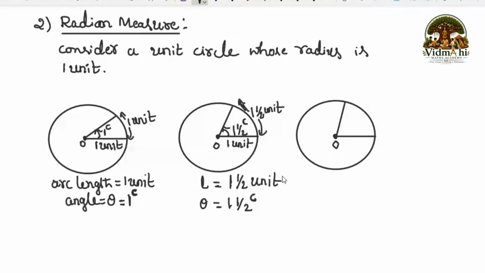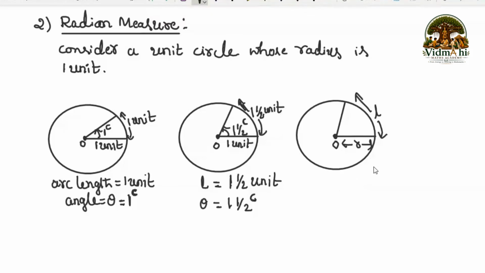So what we can say is that as the arc length changes, the angle also changes, so the angle is directly proportional to the arc length for a given radius. For example, in general we consider the arc length as L and the radius as R.